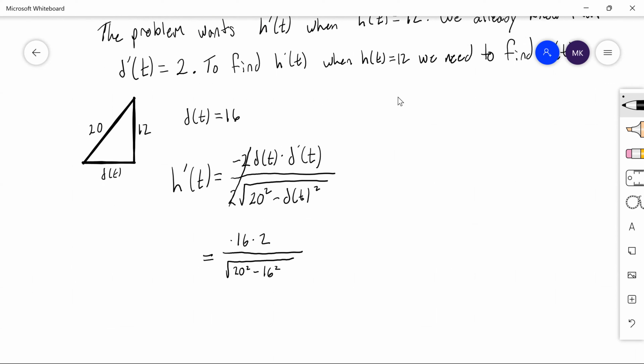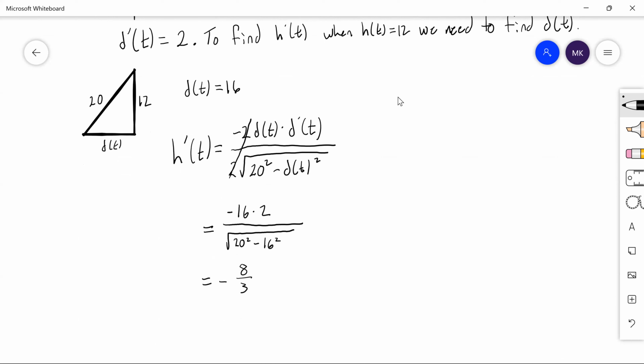No, sorry, negative is still there. So we can just very simply use our calculator to do all of this for us. We have negative 16 times 2 over the square root of 20 squared minus 16 squared. And that gives us negative 8 thirds. And that would be feet per second.